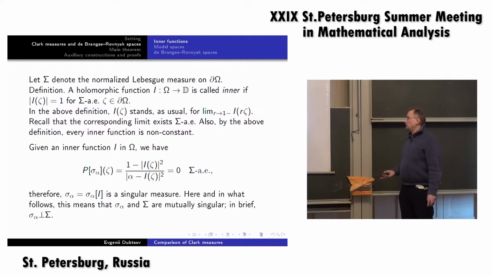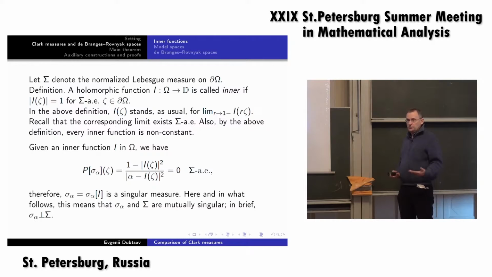So in this case, if we have an inner function, for the corresponding Clark measure we consider the Poisson integral, and clearly just 1 minus the modulus of I of zeta squared, by the very definition, is equal to 0 sigma almost everywhere.